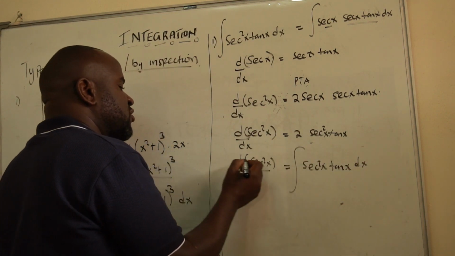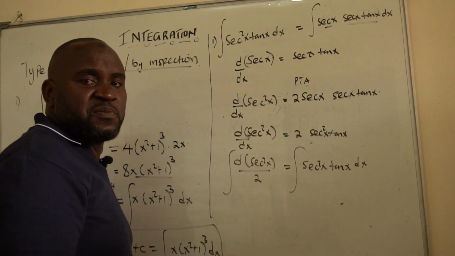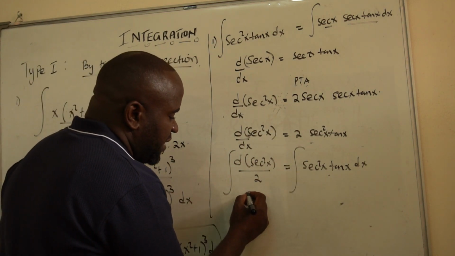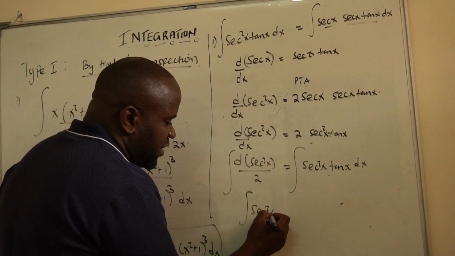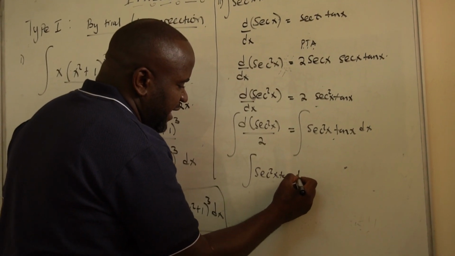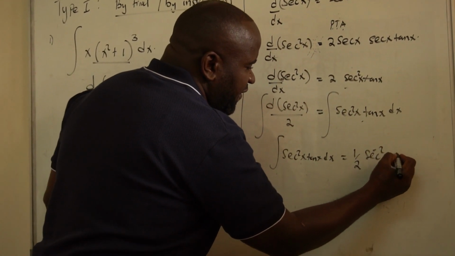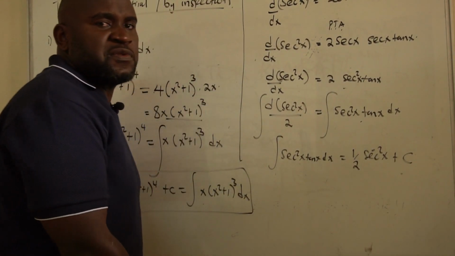And this clearly has introduced the question. So I introduce my integral symbols. For that reason, the integral of sec squared of x tan of x dx is going to be a half sec squared of x plus a constant.